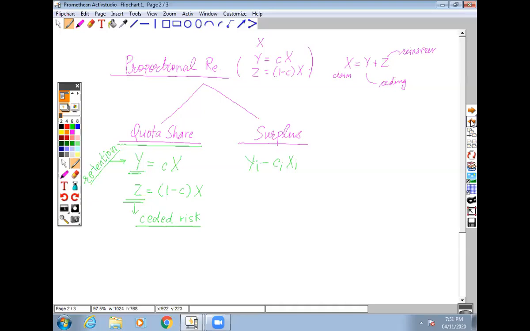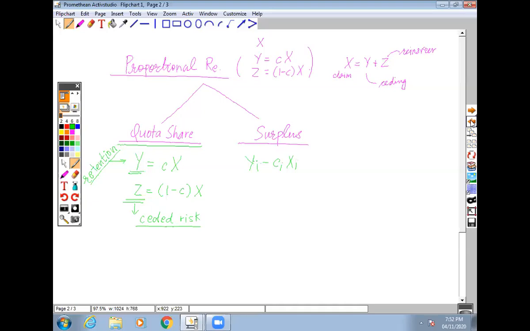And what will happen in surplus is, let us say I again go and try to have some sort of a treaty with the reinsurance company, and I say to them that if I incur a motor claim, I'll keep 75% of it, and if I incur an accident claim, I'll want to keep 90% of it. So you are basically trying to have different amounts of C for different kinds of claims or different kinds of policies that you might have.